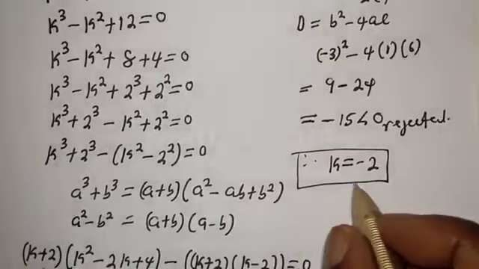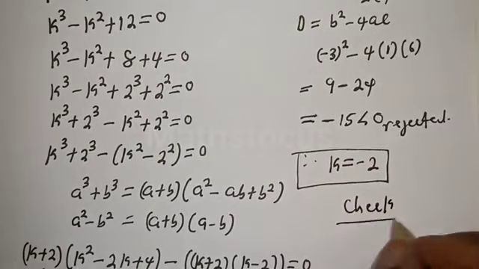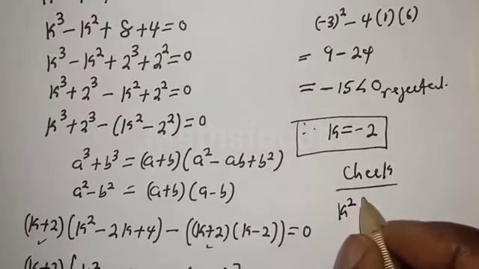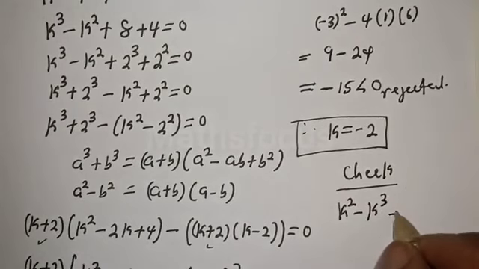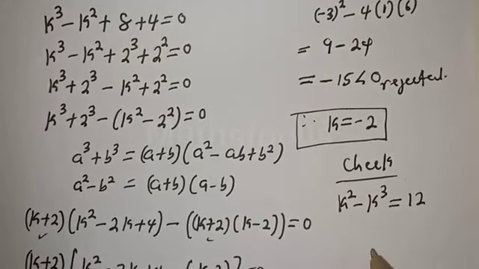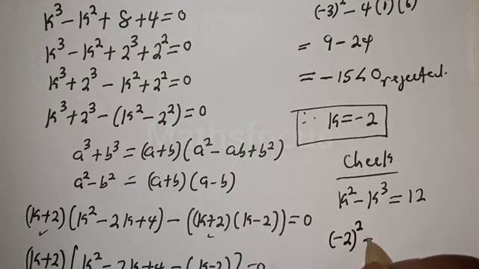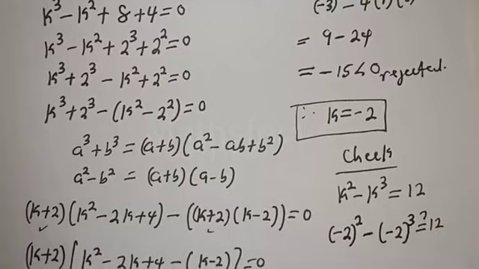We can check to confirm if our answer is right or wrong. Let's check. We have the given equation k squared minus k raised to power 3 is equal to 12. When k is equal to minus 2, here is minus 2 squared minus bracket minus 2 raised to power 3 must be equal to 12.